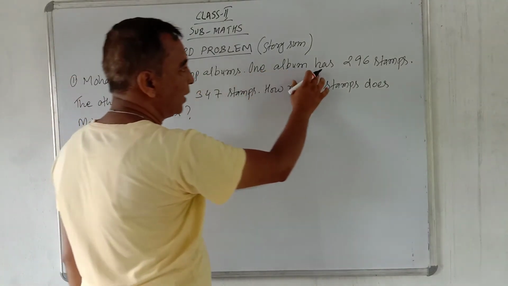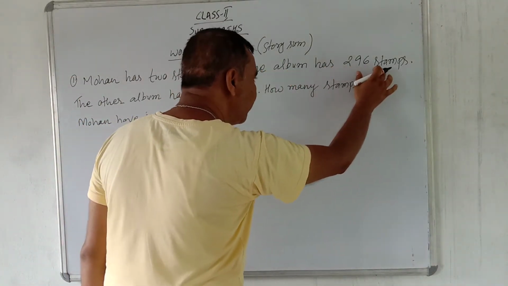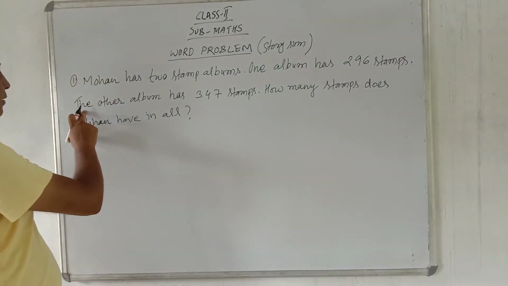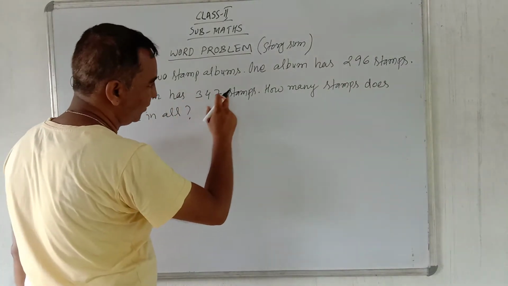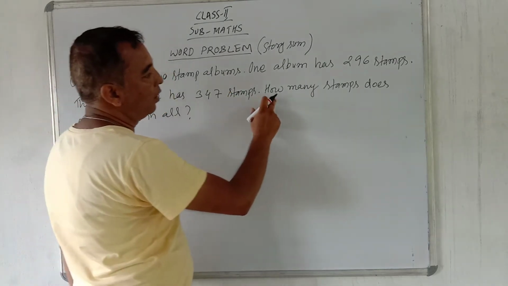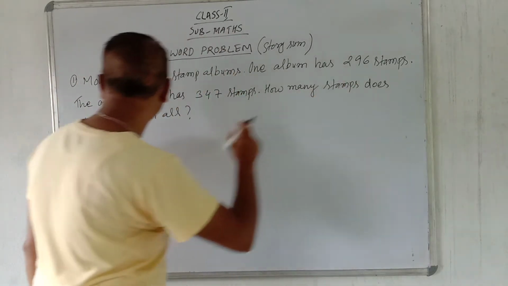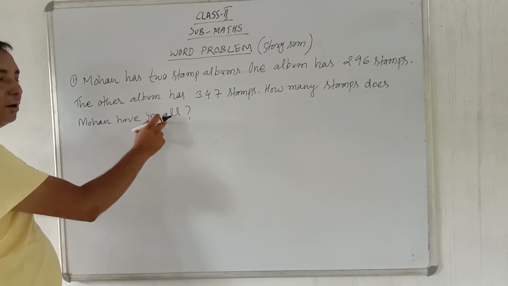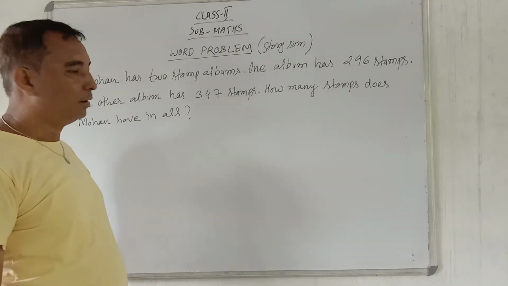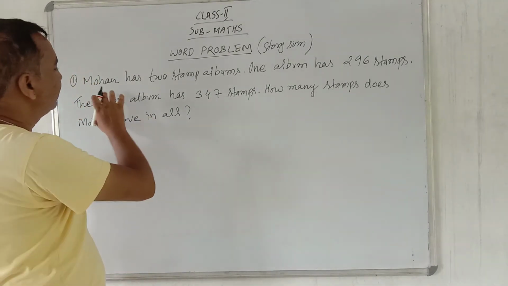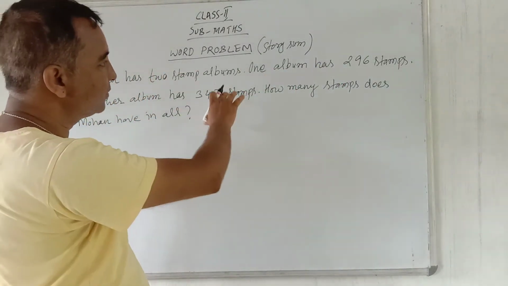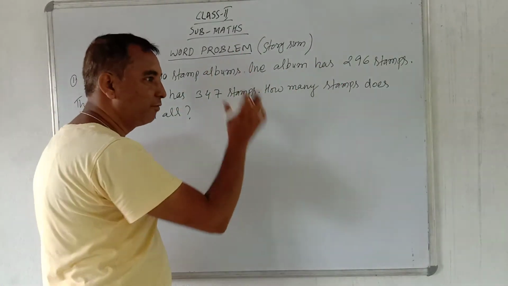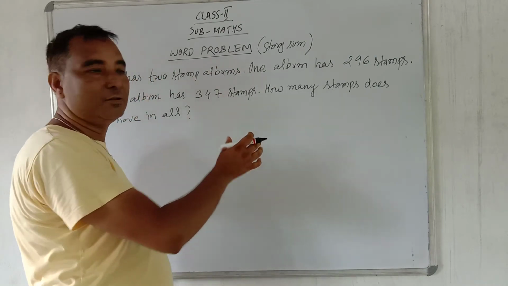One album has 296 stamps and the other album has 347 stamps. Now, how many stamps does Mohan have in all? What is the statement actually asking? It is asking us to find the sum.